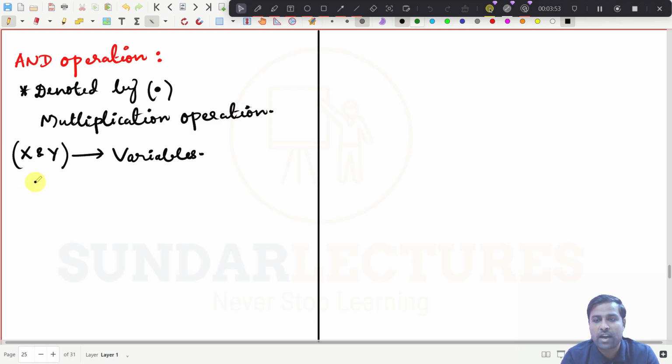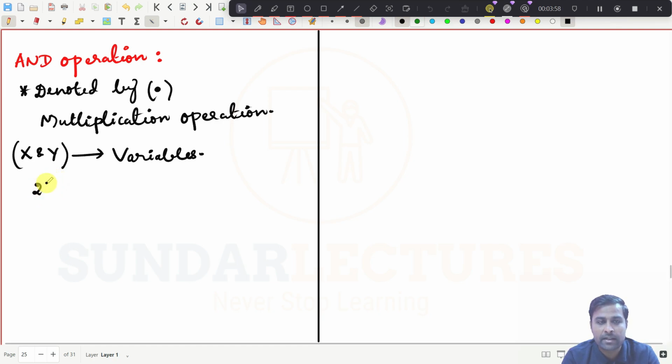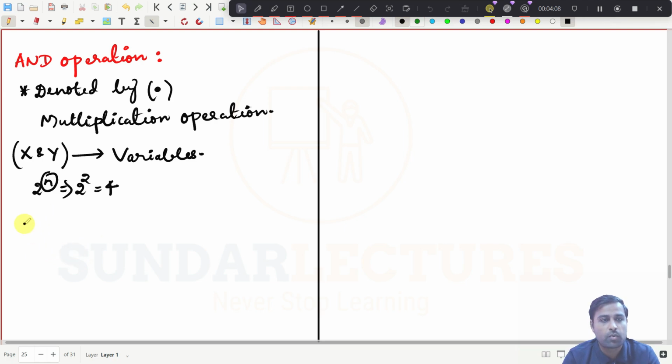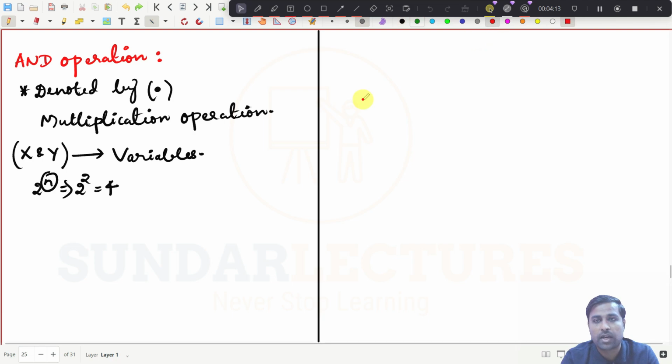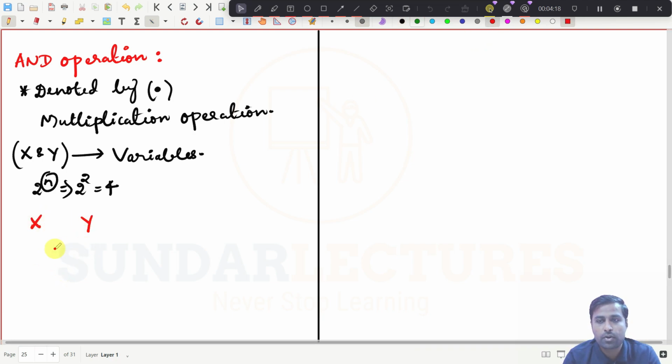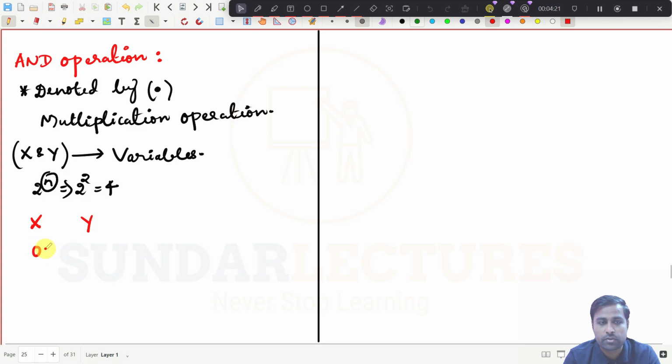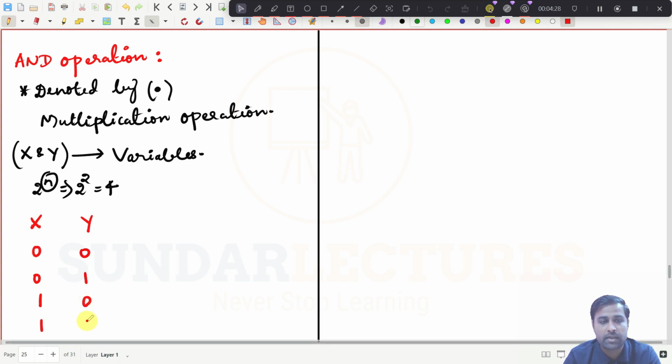If you have two variables, how many combinations will there be? 2 power n, where n is 2, so 2 power 2 is 4 combinations. So for x and y, the four combinations are 0 0, 0 1, 1 0, and 1 1.